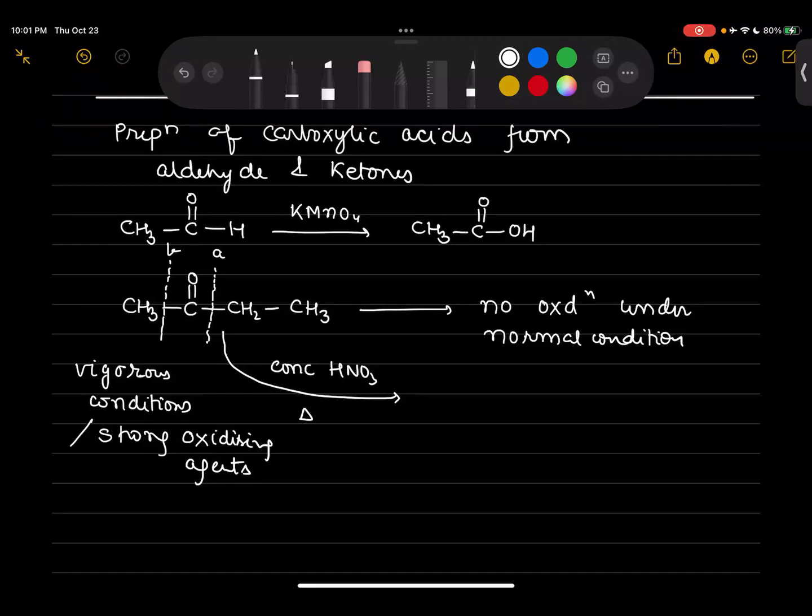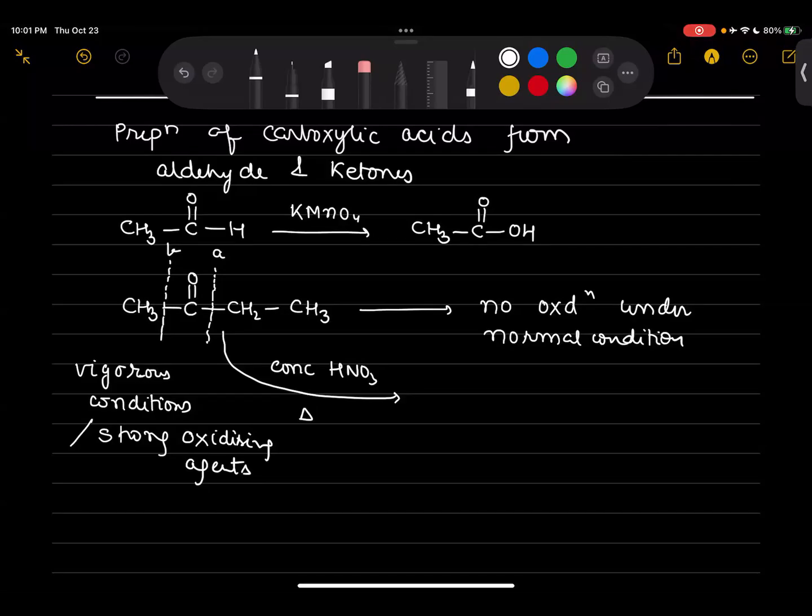Is it clear or not? Vigorous condition, strong oxidizing agent like concentrated HNO3, KMnO4, the ketone splits into two parts.